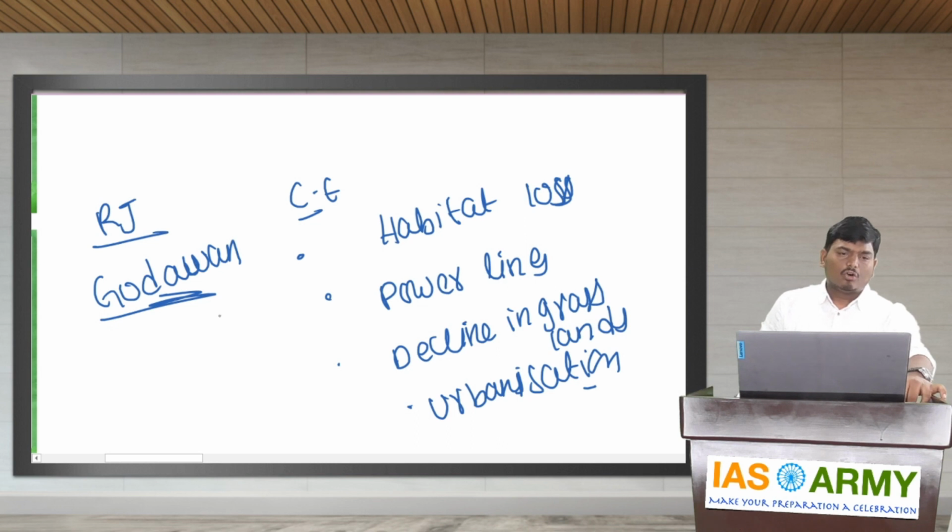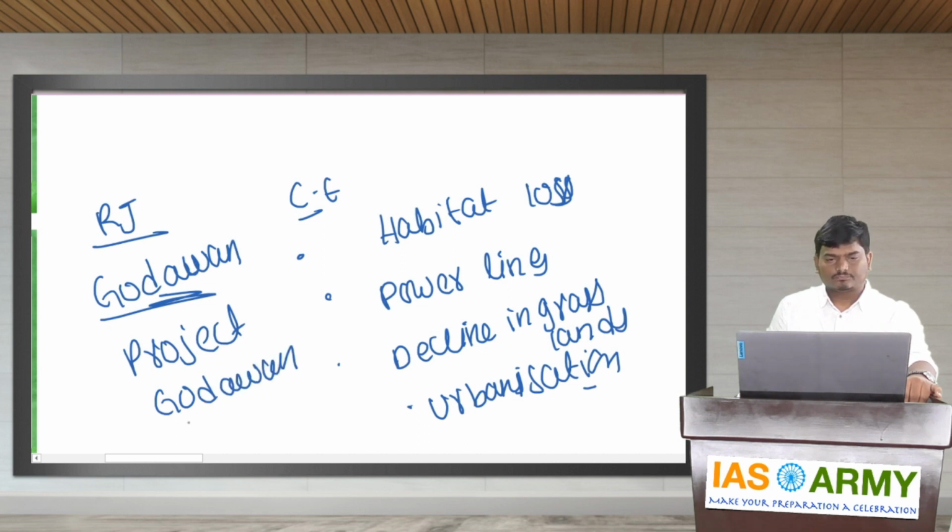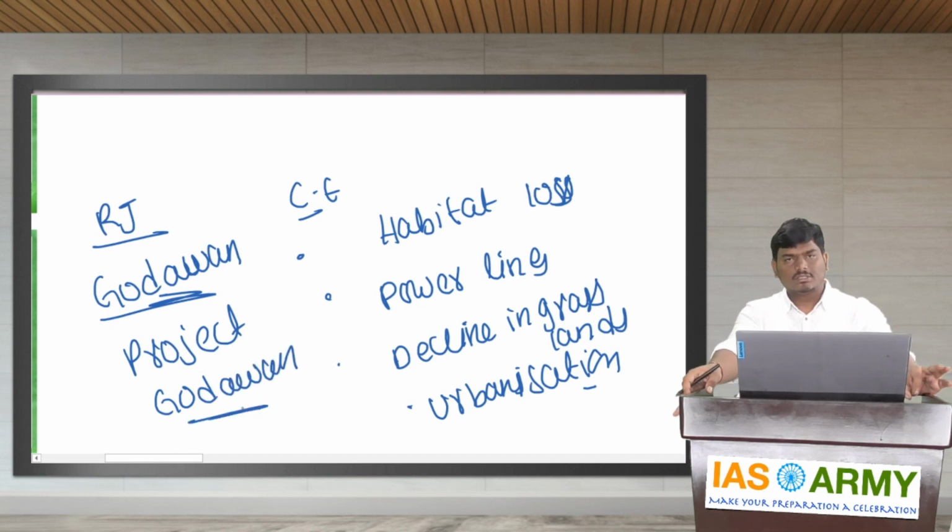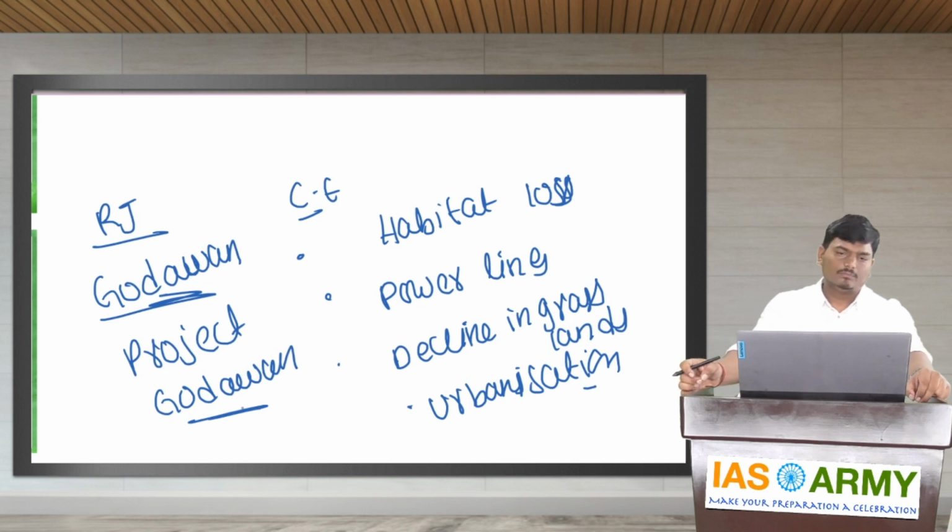That's the reason the government of Rajasthan has started a project to conserve these bustards, which are locally known as Godawan, by the name Project Godawan. Please remember this: the bustard is critically endangered, it is the state bird of Rajasthan, the Rajasthan government has started Project Godawan, and these are the threats to the bustard's population.